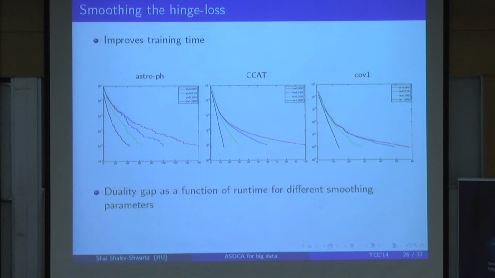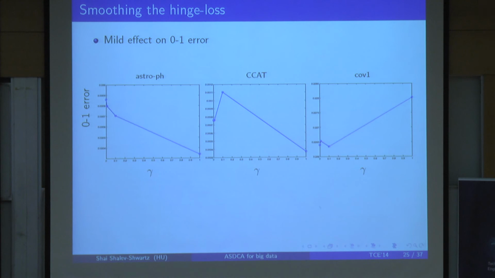Let me, okay, maybe I should say a few words about it. So what we found empirically is that, for example, for those of you that like the hinge loss function, which is used in support vector machines, if you use a smooth version of the hinge loss, nothing really happens in terms of the accuracy of the 0-1 error.